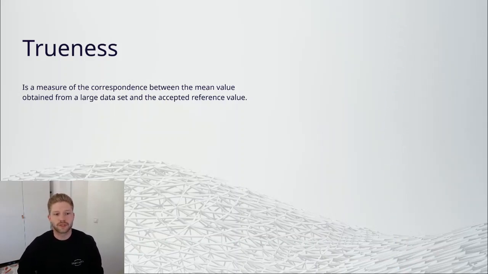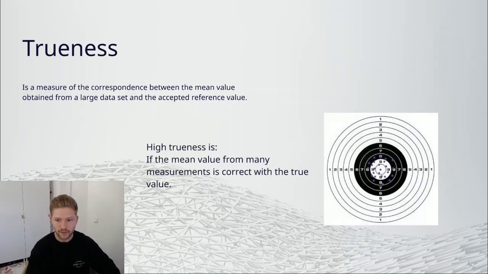Trueness is a measure of the correspondence between the mean value obtained from a large data set and the accepted reference value. This is what I'm going to talk about a bit later when we are measuring this model and afterwards loading it into the CAD software, because we have the reference values available and we are going to compare them with the values we collect with the scanner.